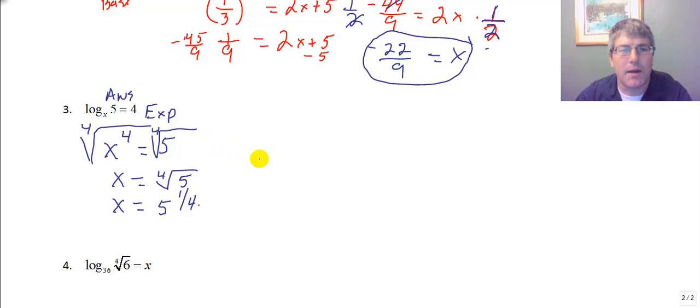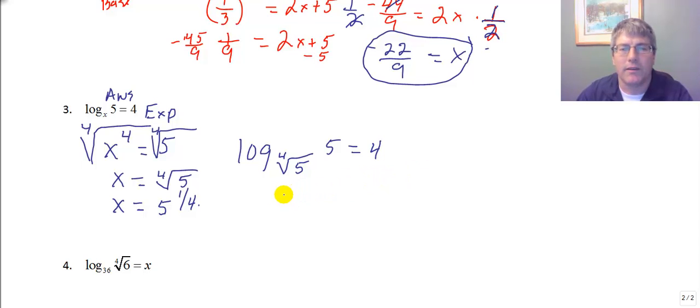And if we think about this, now we know what x is. If we look at that and we say log base 4th root of 5 equals 4, what we're saying here is log base, answer equals exponent.